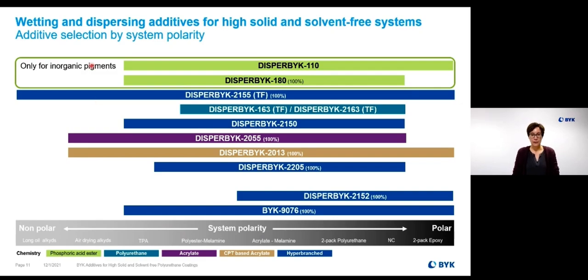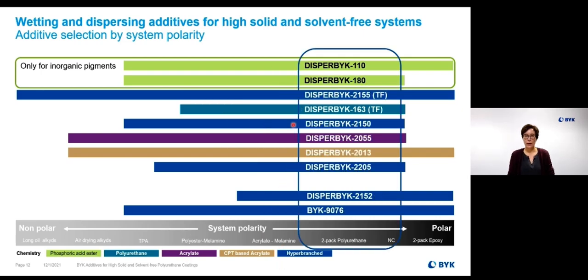Here on this slide, you see a few examples of our product portfolio. Here on this axis, there's listed the polarity of the resin system. We're starting with non-polar, for example, with long oil alkyds, going to air drying alkyds, TPA, polyester melamine, acrylate melamine, or for us today important, the 2-PEC PU, even more polar NC or 2-PEC epoxy.